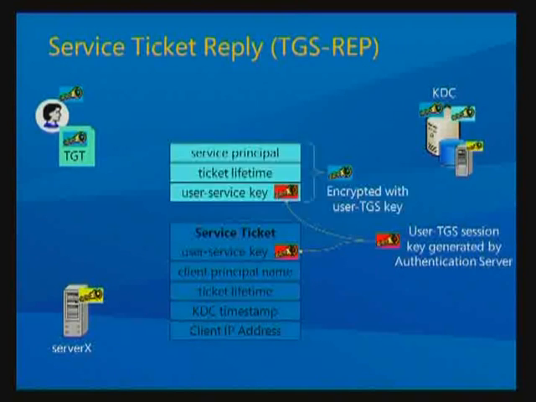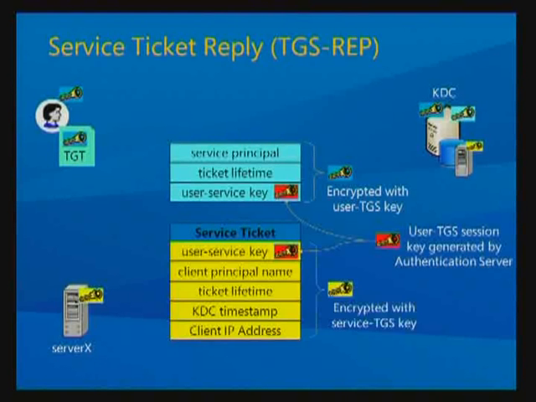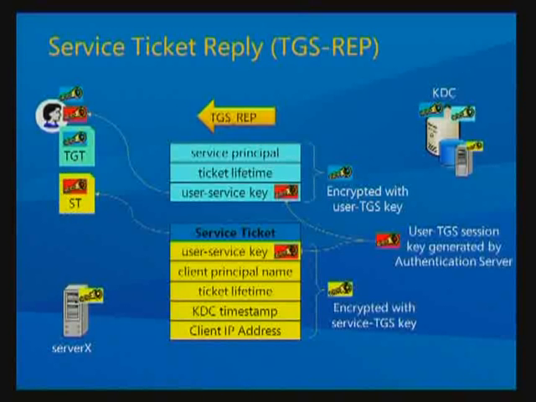The top part is encrypted so only the user can get at it, and the bottom part is encrypted so only the server can get at it. The client gets that lot back and extracts that key. He's now got a key he can talk to the server with. And he then holds that. He can't open it, it's sealed. The only person that can open up that component of it is the server.